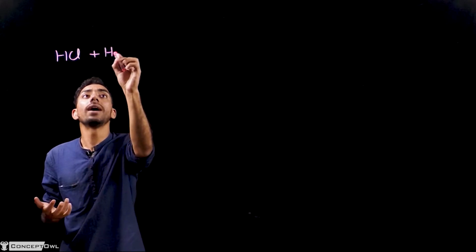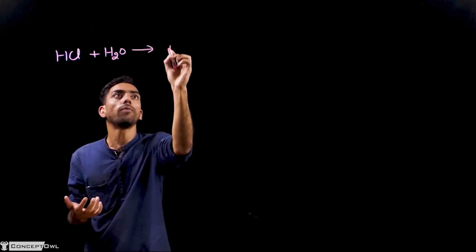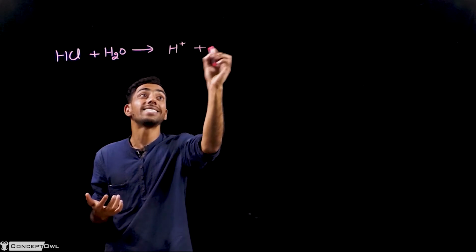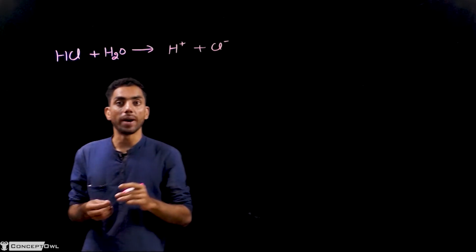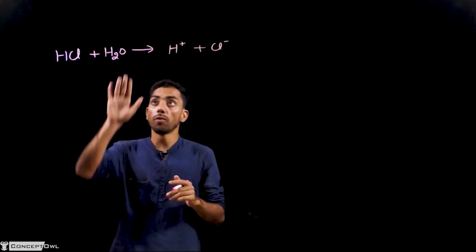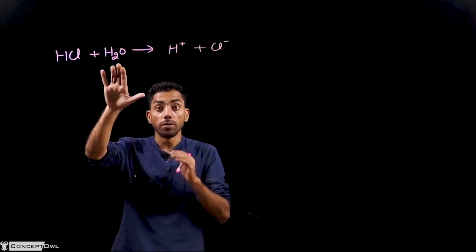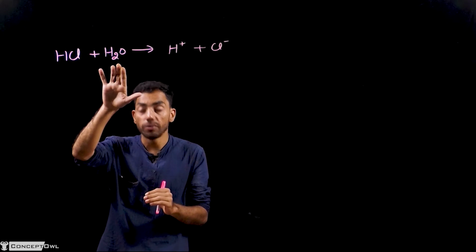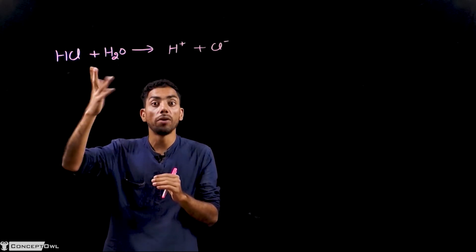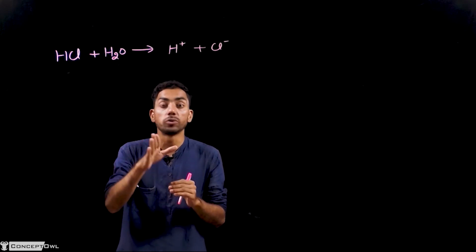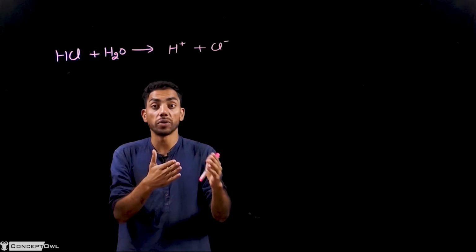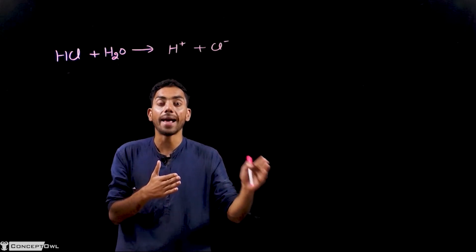So water helps in breaking HCl and forms H positive ion and Cl negative ion. So water is very important here. Water is necessary. Without water, HCl will not break and it will not produce H positive ion, and if it's not producing H positive ion, it is not an acid.